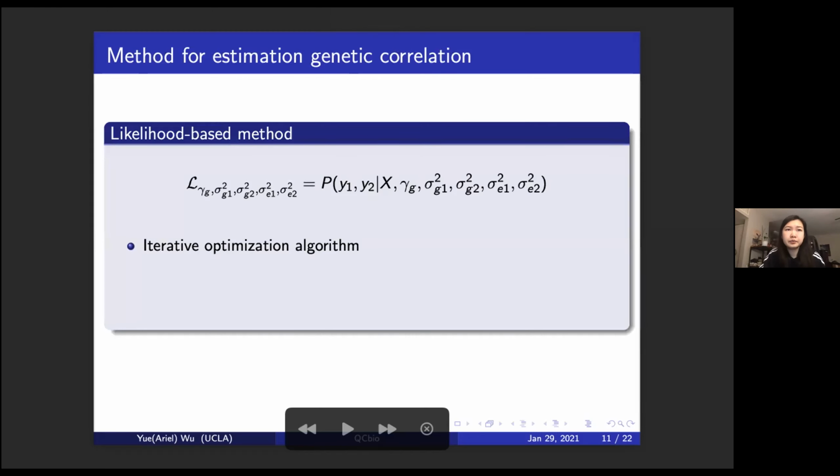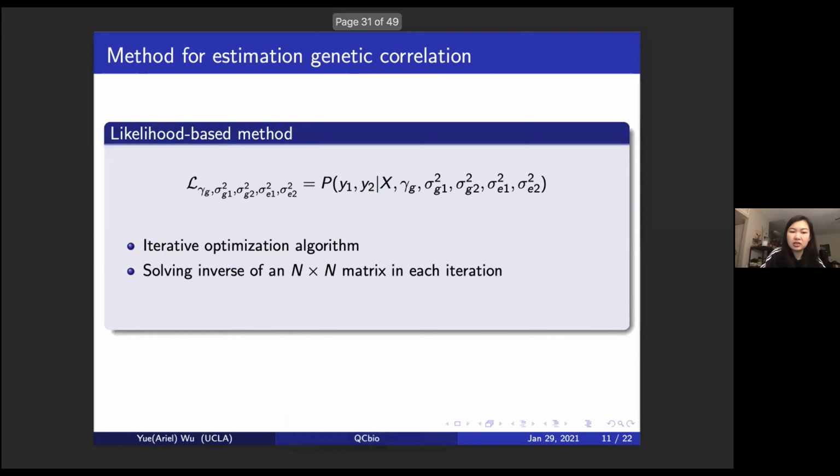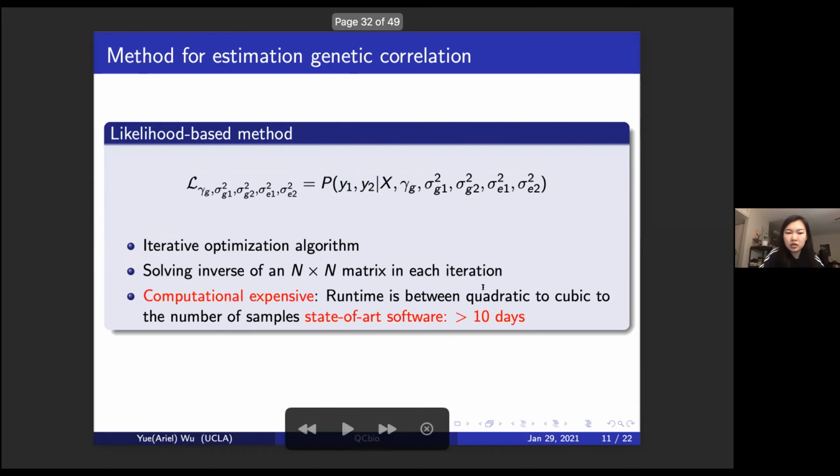So one set of the common methods for estimating this is the likelihood-based method. In general, these are iterative optimization algorithms, and the computation burden comes from solving the inverse of an n by n matrix in each iteration.